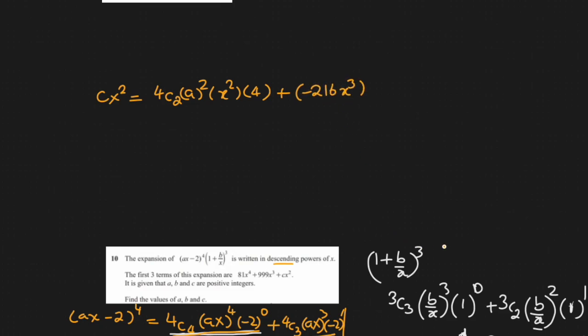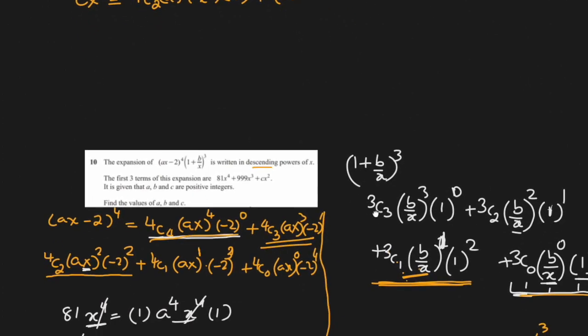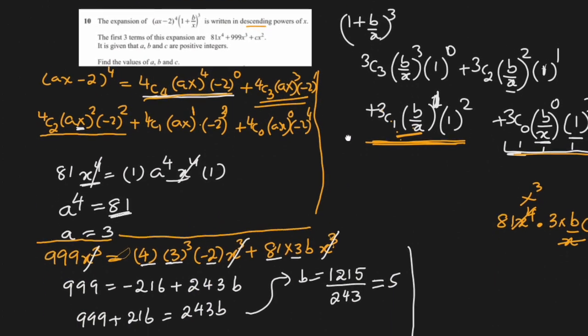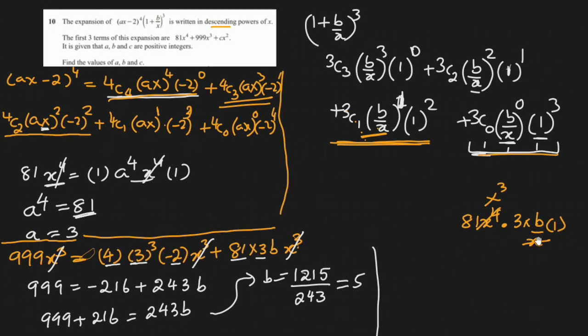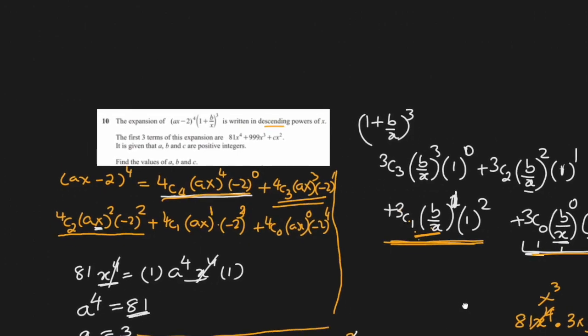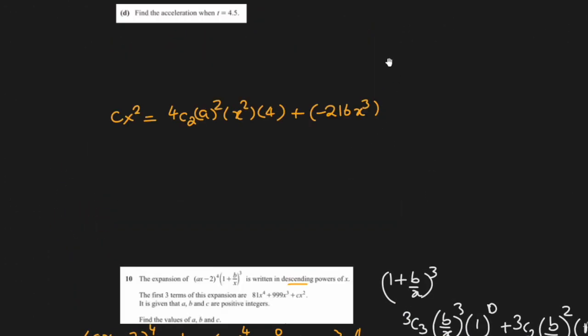To make it x square, I'll have to multiply with the x here, this one, which came out to be, I did it earlier here, 3b over x. Yeah, 3b over x. That's what we'll use here. So 3b, b is known to us now, 5 over x. And see, this will give me x square.